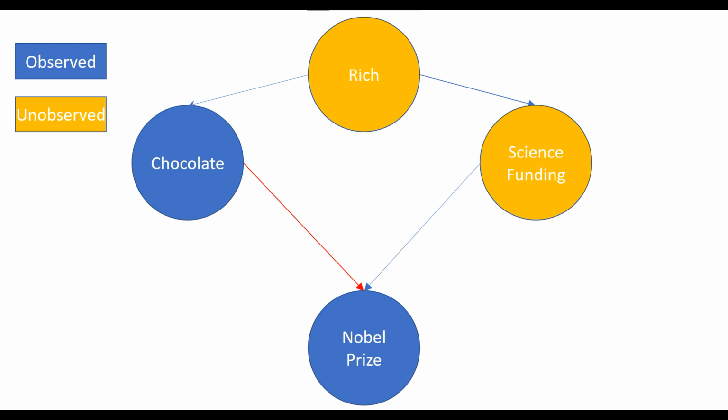Finally, in our Nobel Prize example, being a rich country increases both chocolate consumption and science funding in turn causes Nobel Prizes. These graphs have a name, by the way. They are called directed acyclical graphs. I plan to create a video to explain this tool, but in the meantime, if you are interested in this concept, I recommend the book linked in the description.